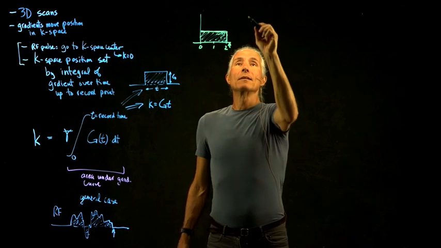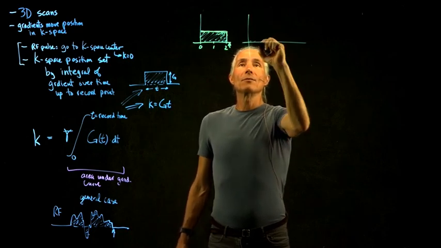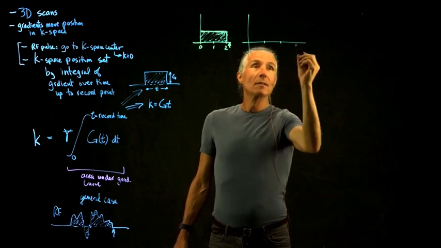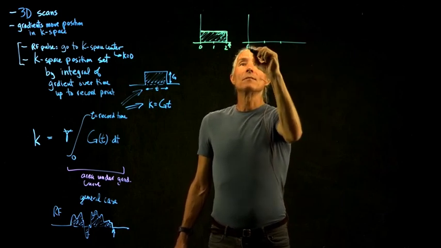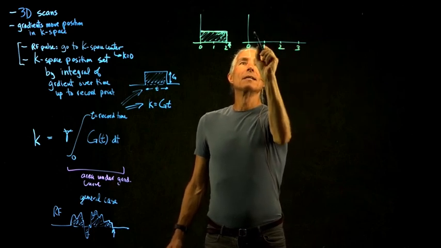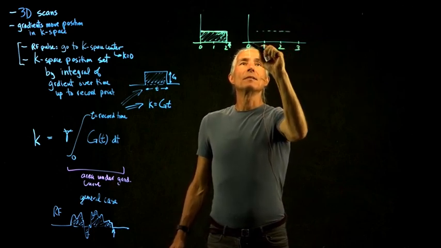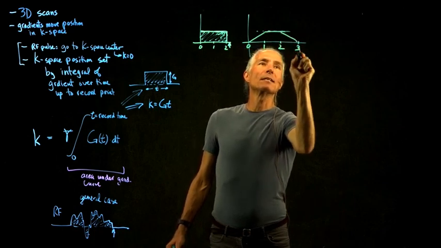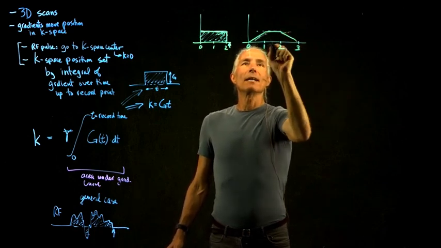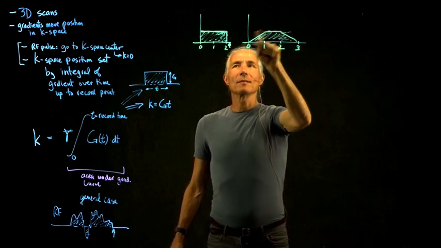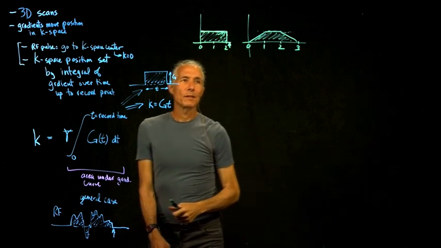If instead you do something like the same height, but come up like that and then go down like that, that area is going to be the same, because these two triangles add up into the same thing.